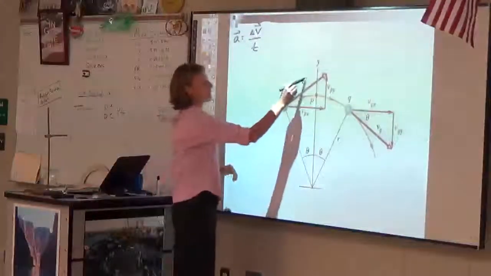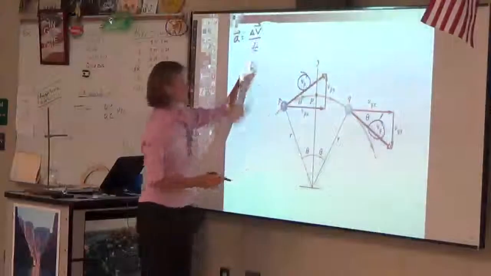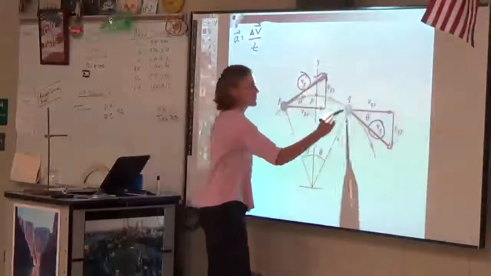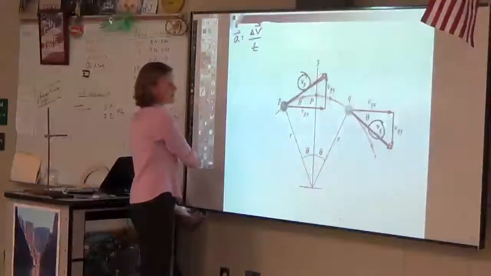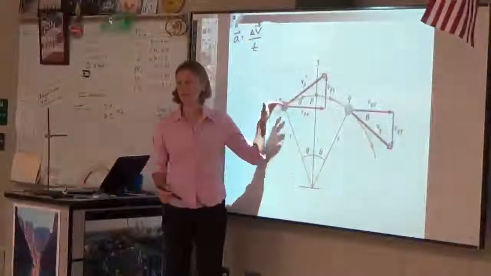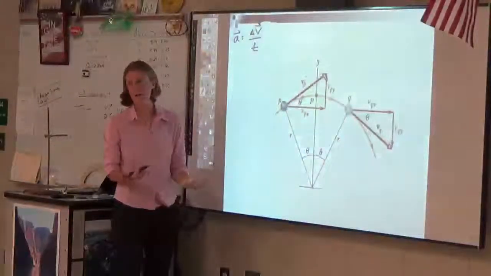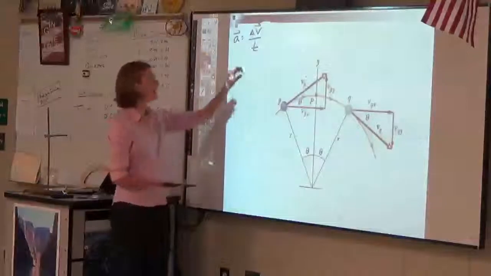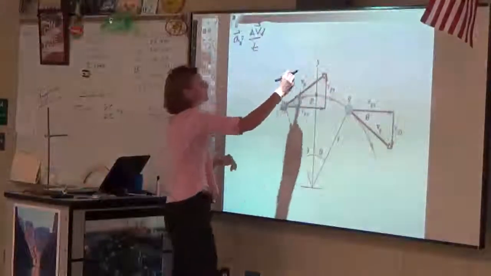I can't just throw this value and this value into this equation because these are clearly different directions. What I can do, like projectile motion, is analyze my directions separately. I can analyze x information separately from y information. So really, if I want to know the magnitude and direction of acceleration, I need to solve for it twice, once as an x component and once as a y component.